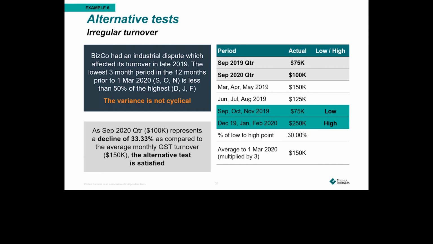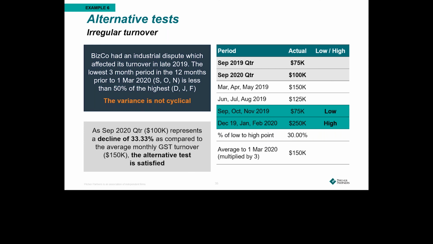We're applying here again the 1 March test. So we're testing the 12 months before 1 March 2020, the pre-COVID period, and we divide that into four 3-month periods. We can see these aren't regular quarters. They're March to May, June to August, September to November, and December to February.